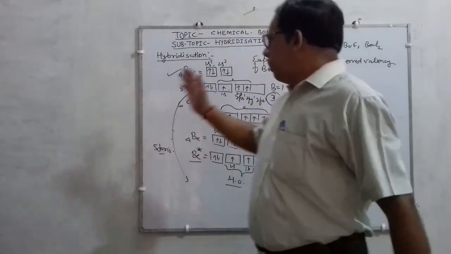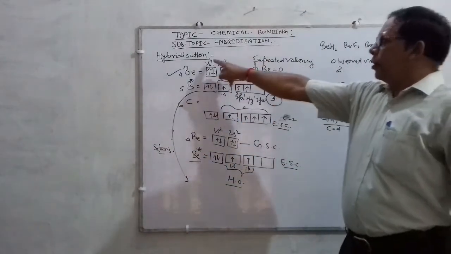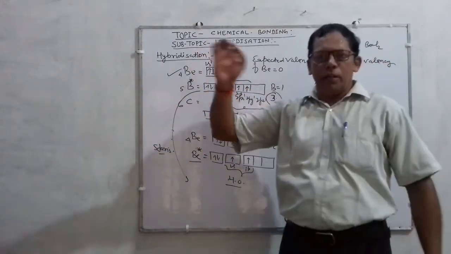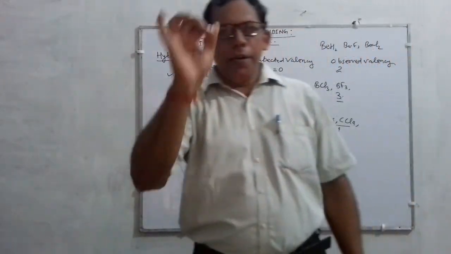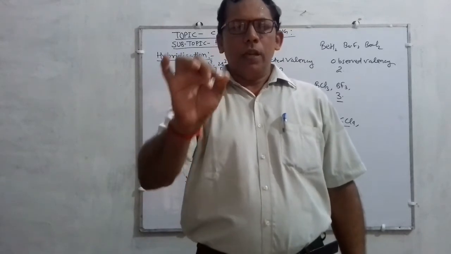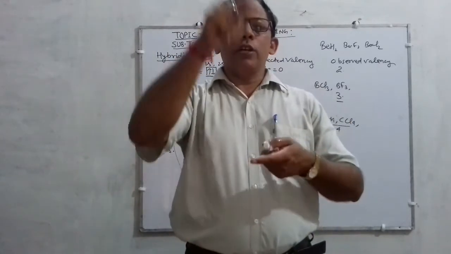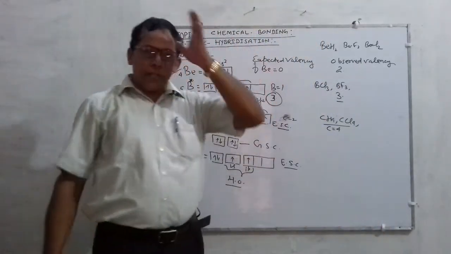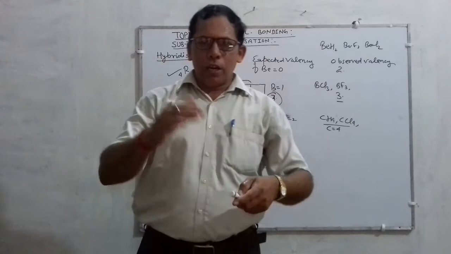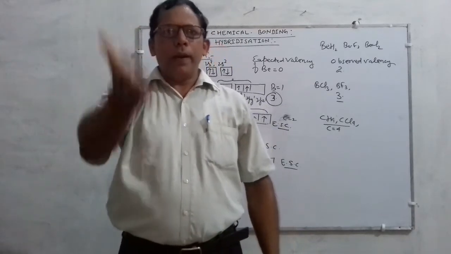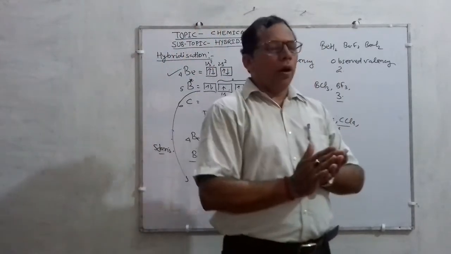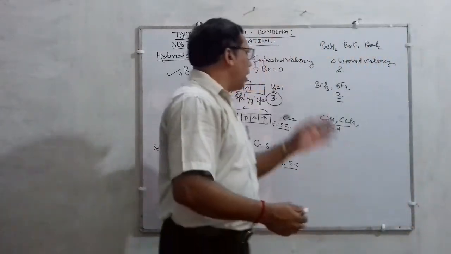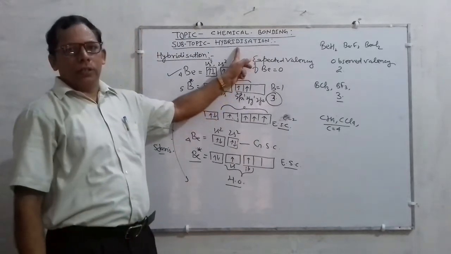So children, on the basis of this, hybridization can be defined as the intermixing of orbitals and redistribution of energy among atomic orbitals, resulting in the formation of new orbitals which are of almost equivalent energy, and such newly formed orbitals are called hybrid orbitals, and the phenomenon is called hybridization.